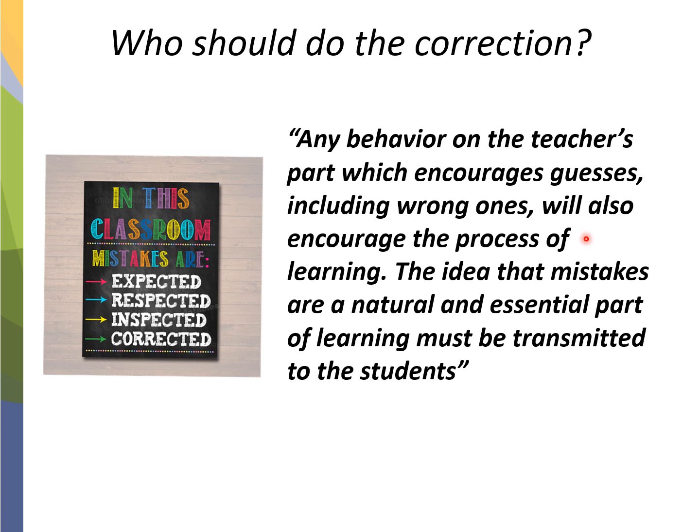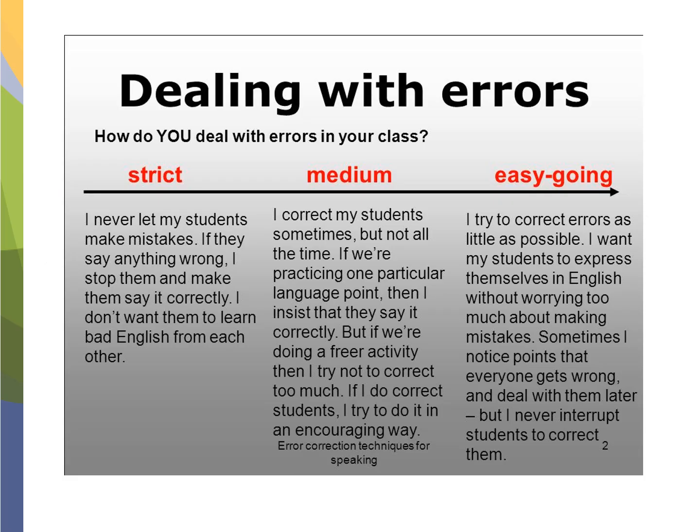Let's look at the second part. "The idea that mistakes are a natural and essential part of learning must be transmitted to students." Let's take a look at this in the next slide. When it comes to dealing with errors in your class, how strict or easygoing are you? Take a moment to skim through these descriptions and choose the one that best fits you.